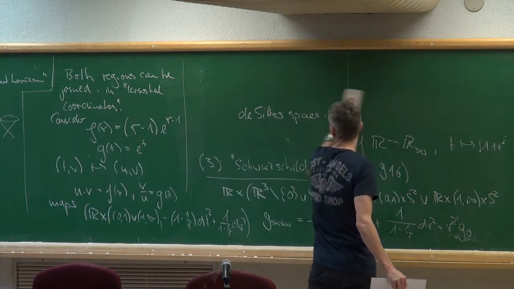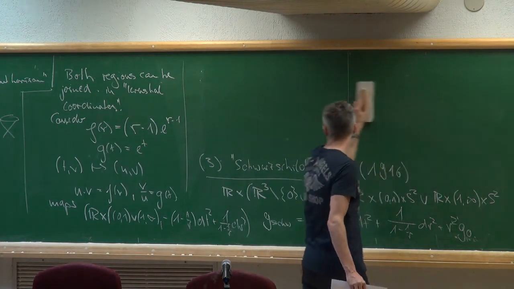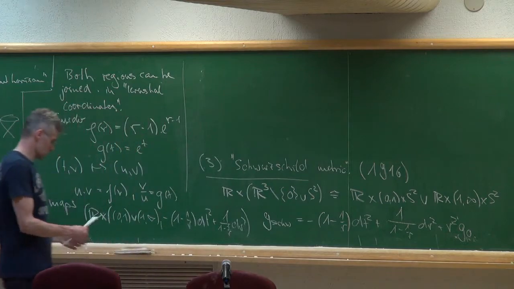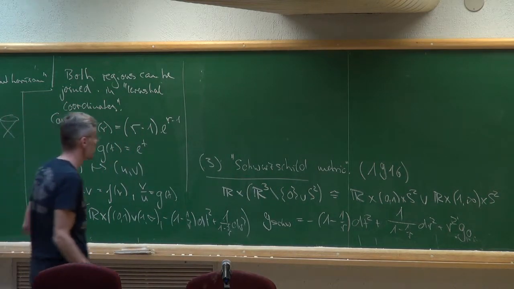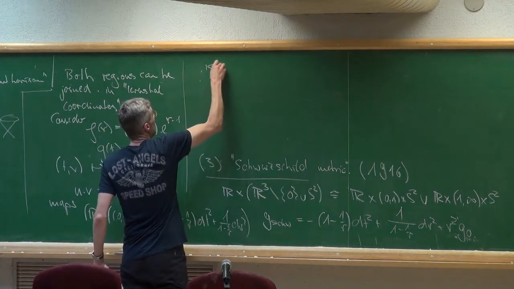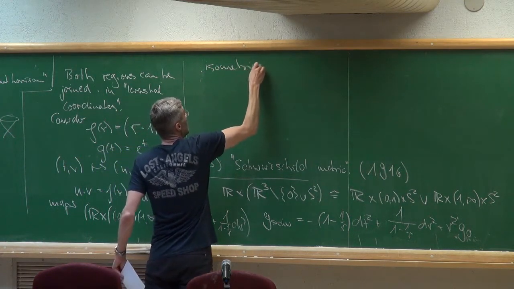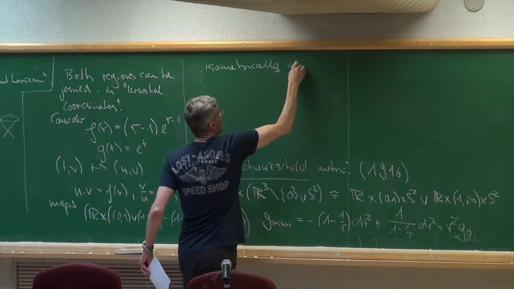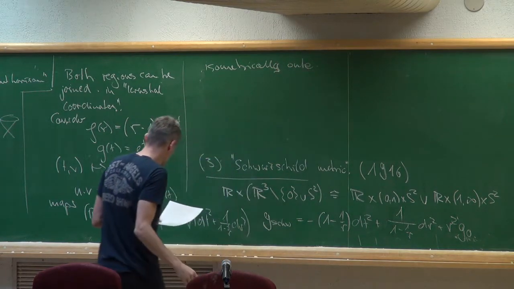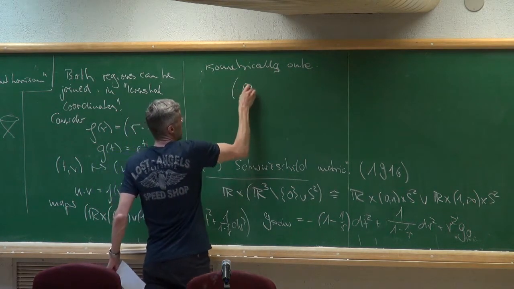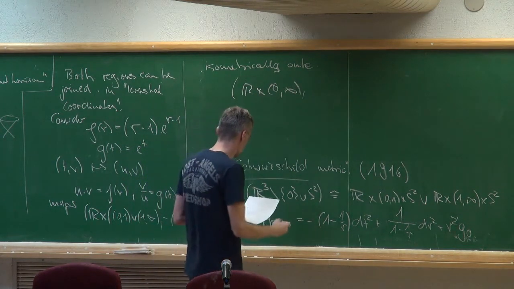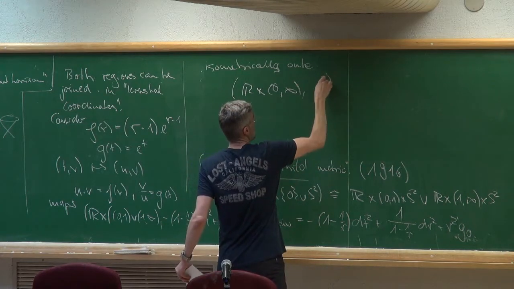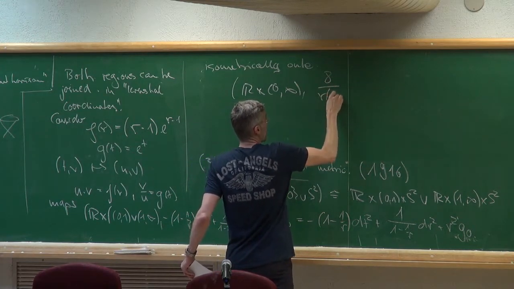Write this down quick here. Isometrically onto, well, r times (0, infinity) with the metric 8 over r of uv.